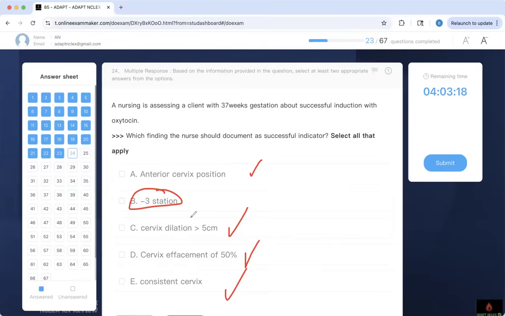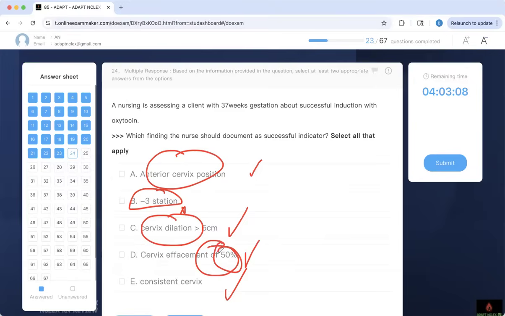Induction. Negative station is not good, but anterior cervix is good. Cervix is dilated. Effacement is okay, but this 50% is too low. We want something like 80% at least, right? And the cervix is consistent. And so these are things we pay attention to.